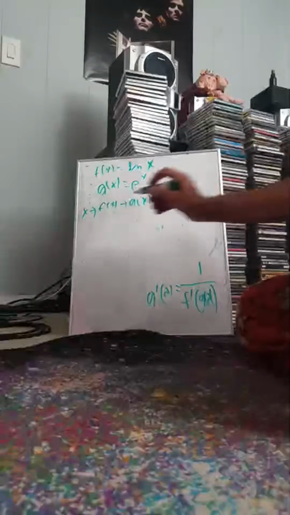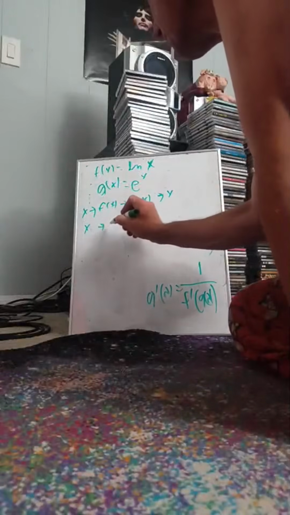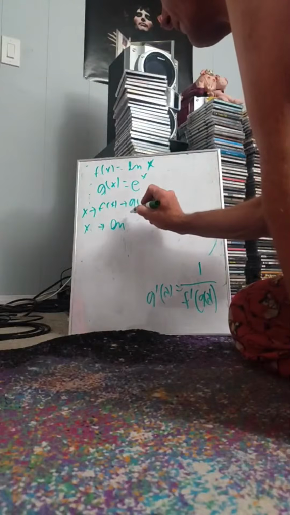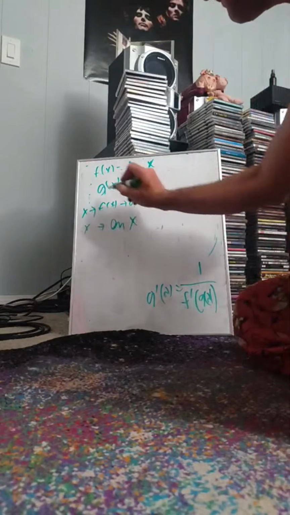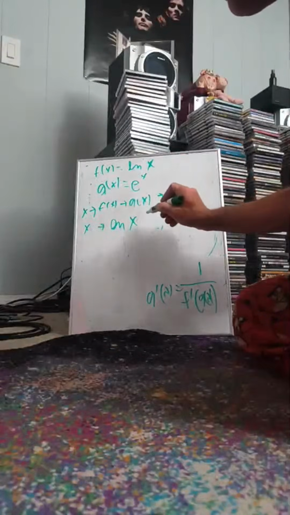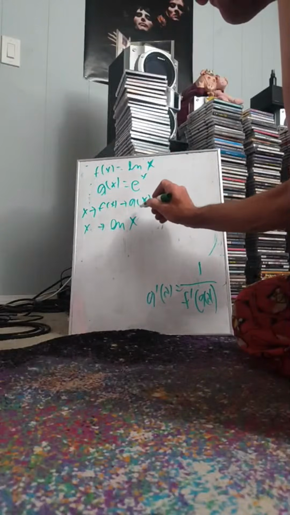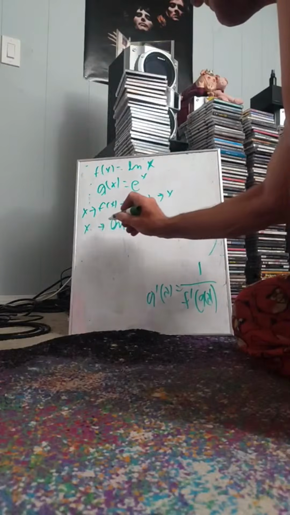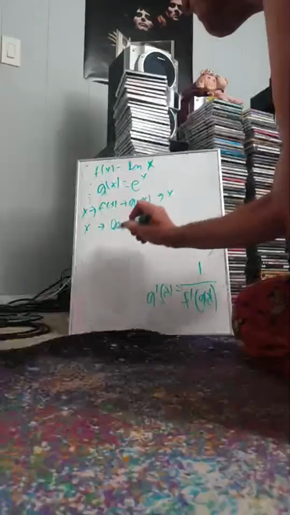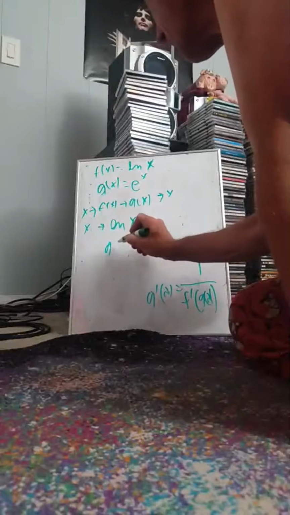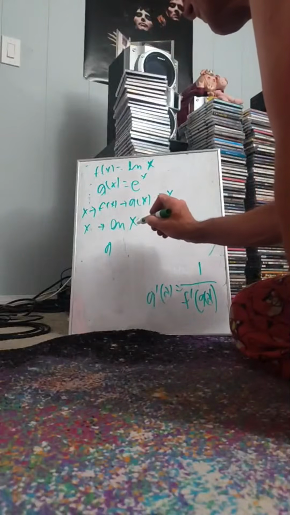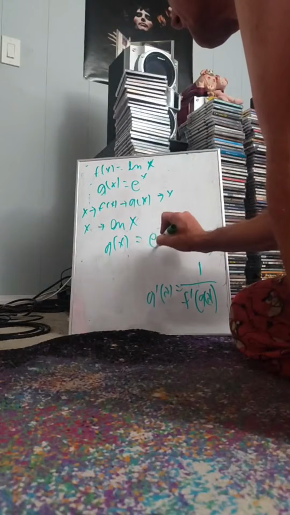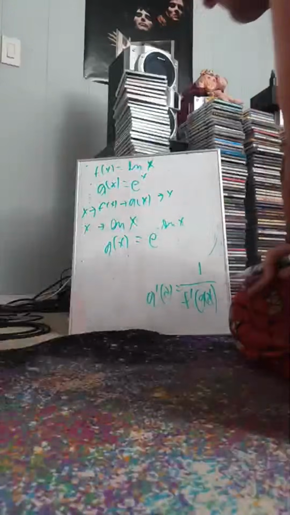Is that true? Well, if I take x and go to log, f of x is log x, then I go to g of x, which is e to the x. So g of f of x equals e to the log x.